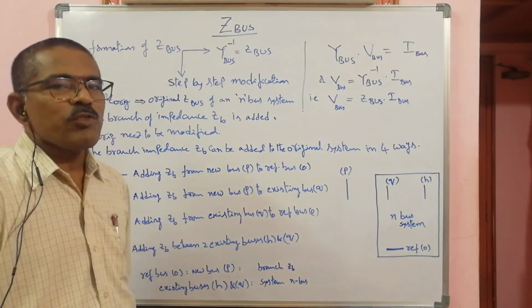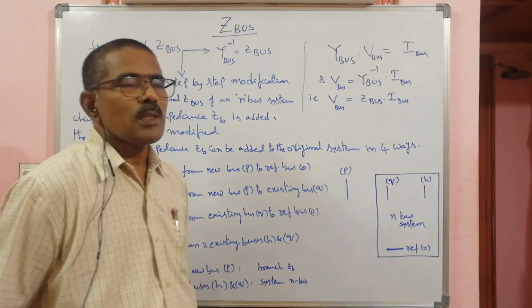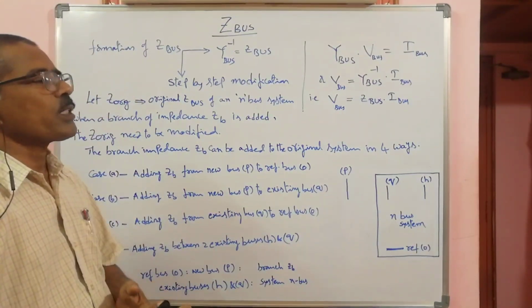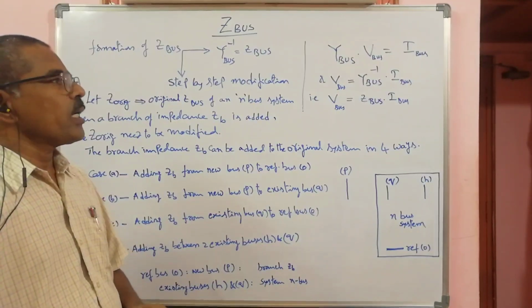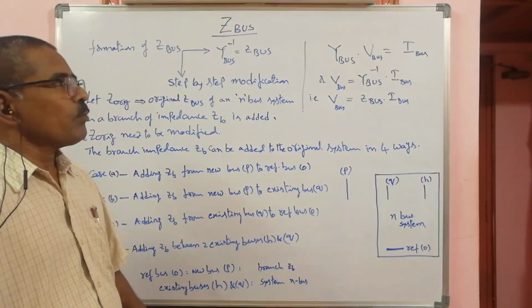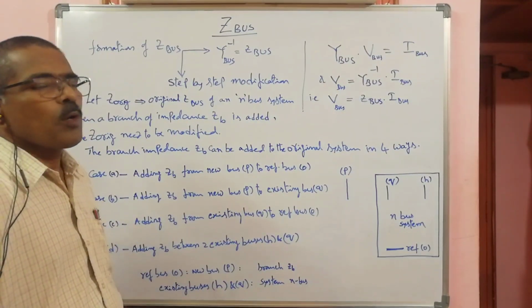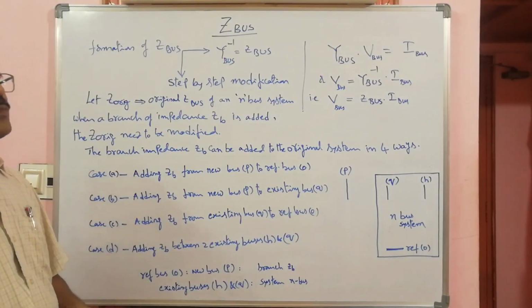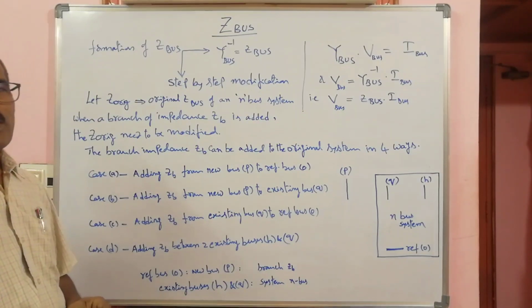A non-singular transformation, as I said, is out of scope for us. Remaining all three methods, that is singular transformation A transpose YA, which yields Y bus, and we solved many such problems. The next stage of our chapter is forming Z bus.